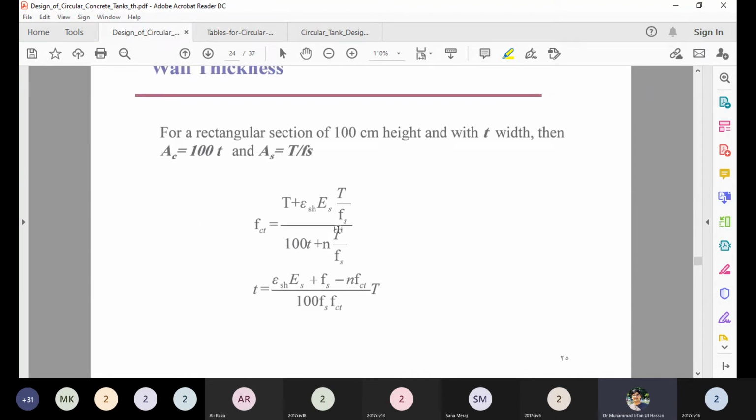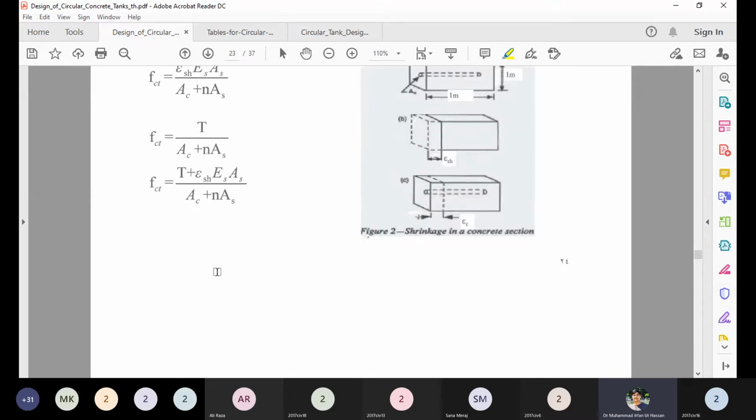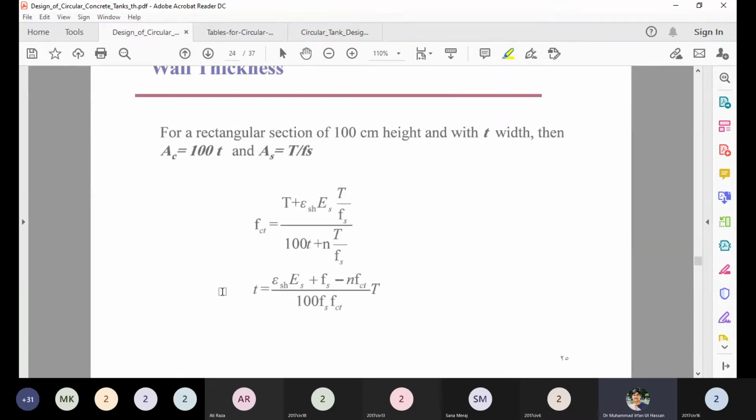So these two formulas which you can see here, or this last formula that you can see on this screen, can be used for verifying the thickness. Normally we assume the thickness initially and then we apply these expressions. If our tensile strain is well within limits, then we go with that thickness. And if our tensile strain exceeds the limiting strain, we can increase the thickness.